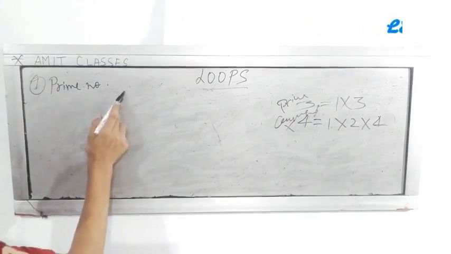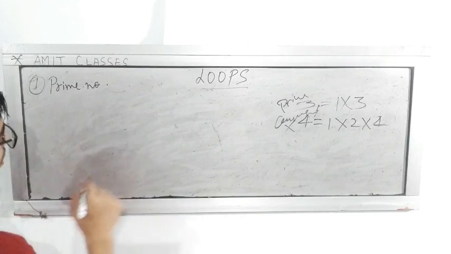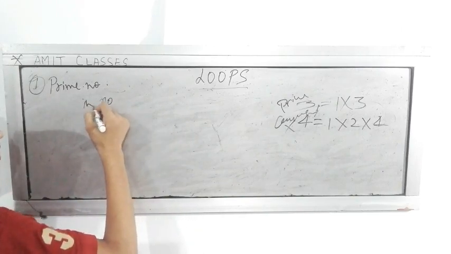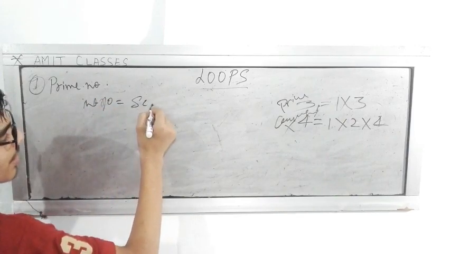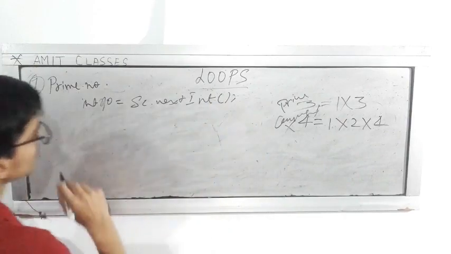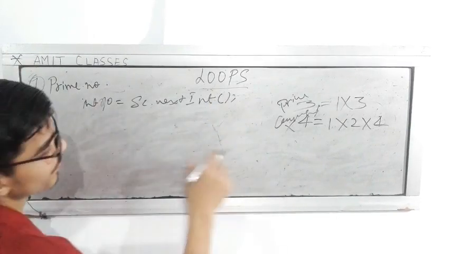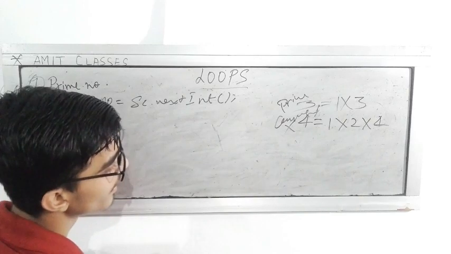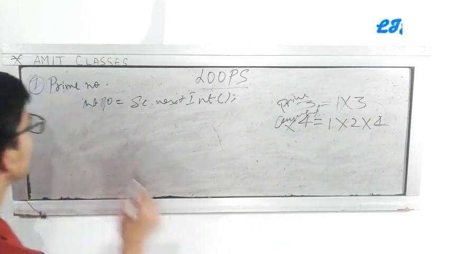So we have to find a prime number. For this we will take an input from the user. int no is equal to sc.nextInt. Now we will start the loop. What does the loop say?